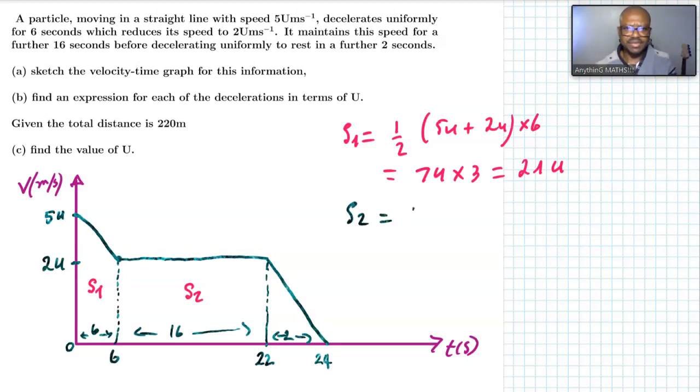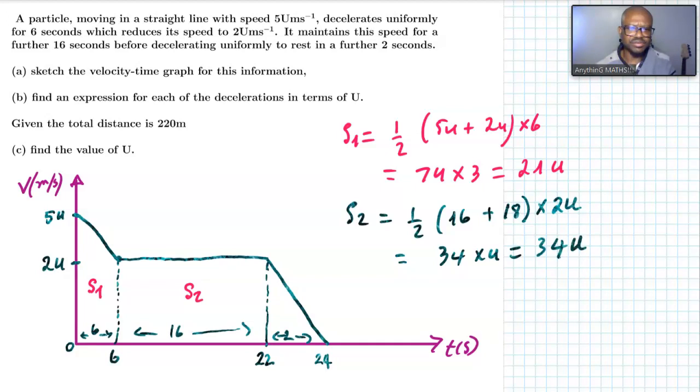What is it going to give us? It's going to give a half of 16 plus 18 times 2u. 16 plus 18 will be 34, isn't it? It's going to be 34 times u, which then gives you 34u.